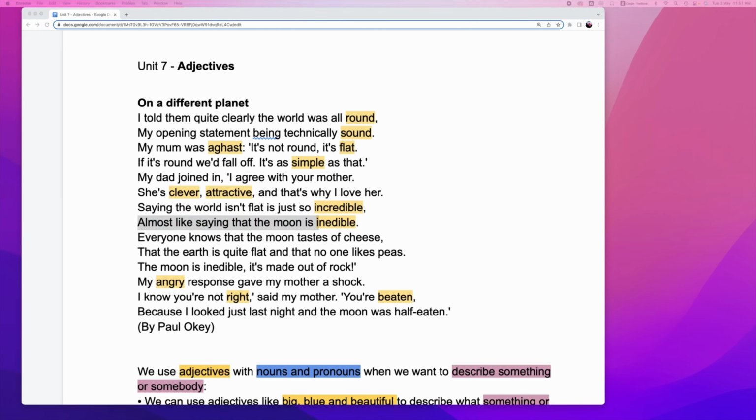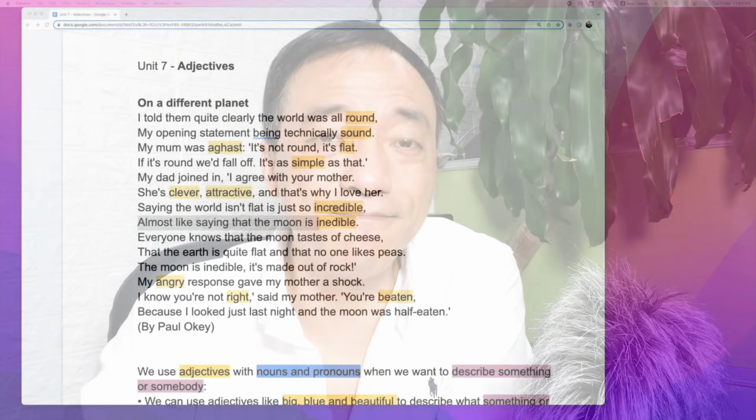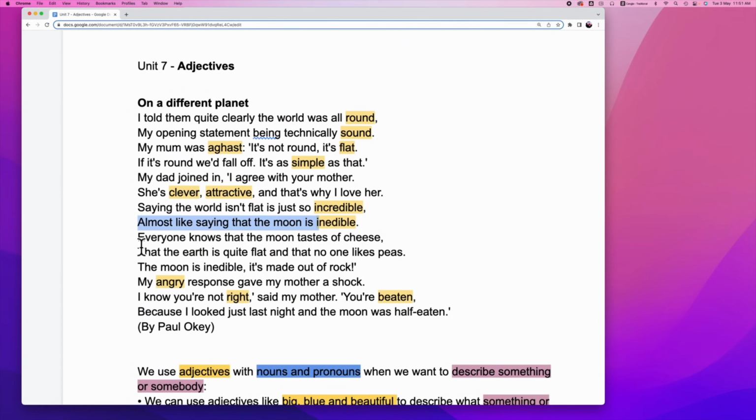Inedible means not suitable or not good enough to eat. Everyone knows that the moon tastes of cheese. The earth is quite flat and no one likes peas. The moon is inedible. It's made out of rock.